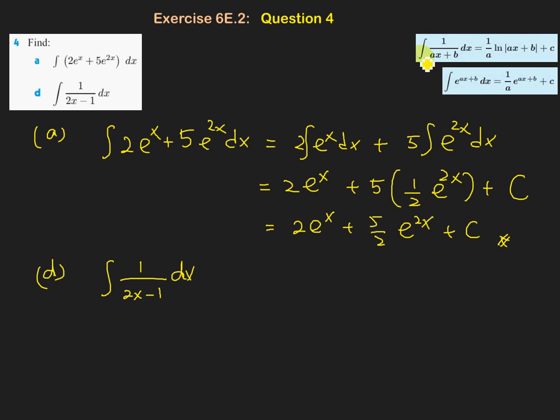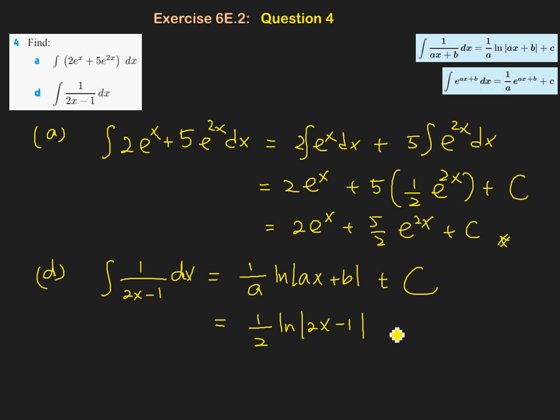And a in our case is 2, b in our case is -1, and exactly it will be equivalent to 1 over a ln of the modulus of ax plus b, plus c. But what is a? A in our case is 2, so ln of the modulus of 2x minus 1, plus c. That's all done.